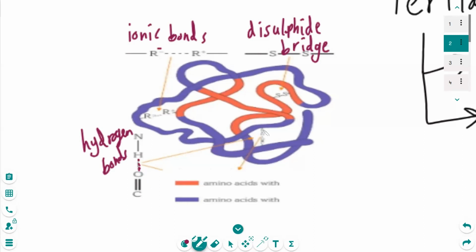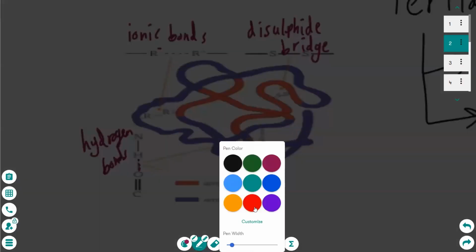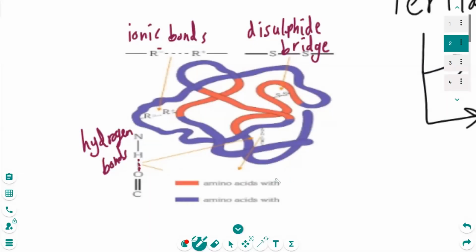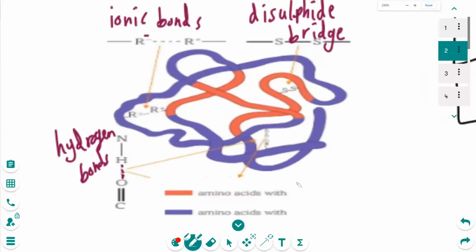And also here we have hydrophilic and hydrophobic interactions. So the red bits are amino acids with hydrophobic R groups. Let me zoom in here so I can write it neatly.